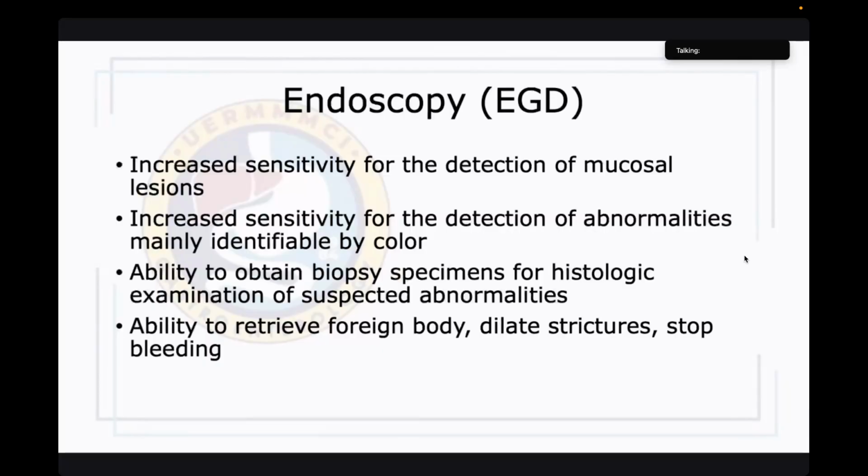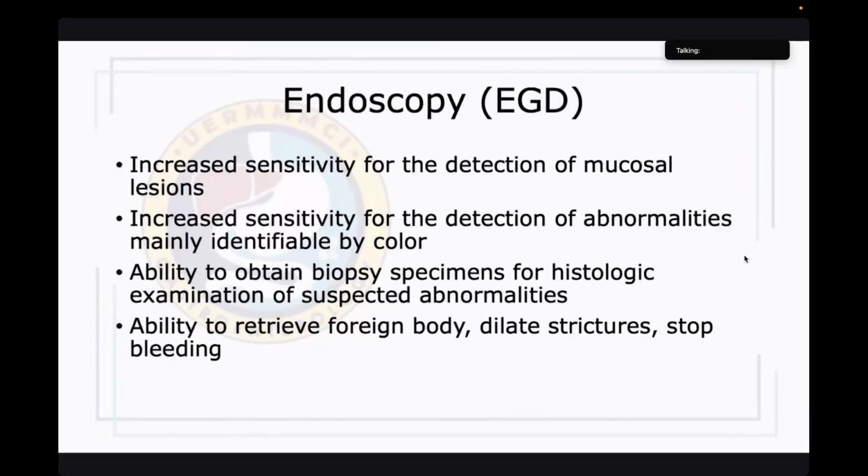You can remove foreign bodies such as food that may be stuck in the upper gastrointestinal tract. You can perform therapeutic interventions like dilation of strictures or measures to stop gastrointestinal bleeding. And these are the advantages of EGD. You directly visualize the area and it also has therapeutic capability.